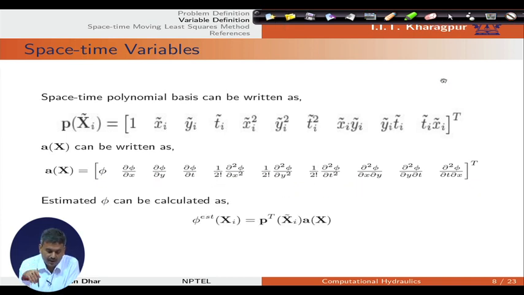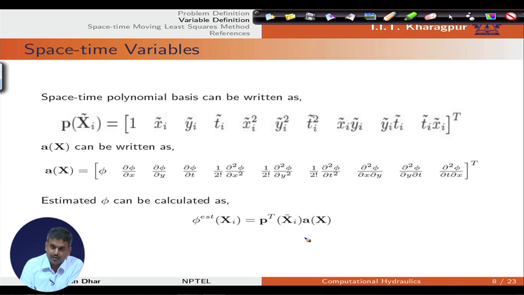Now, phi can be estimated from this one. So, if we multiply this P transpose, this is actually a column vector.